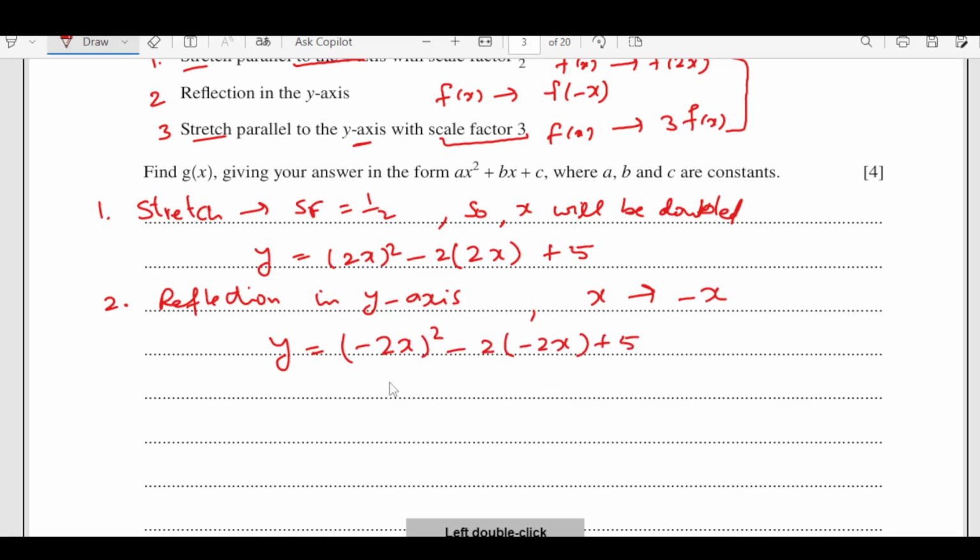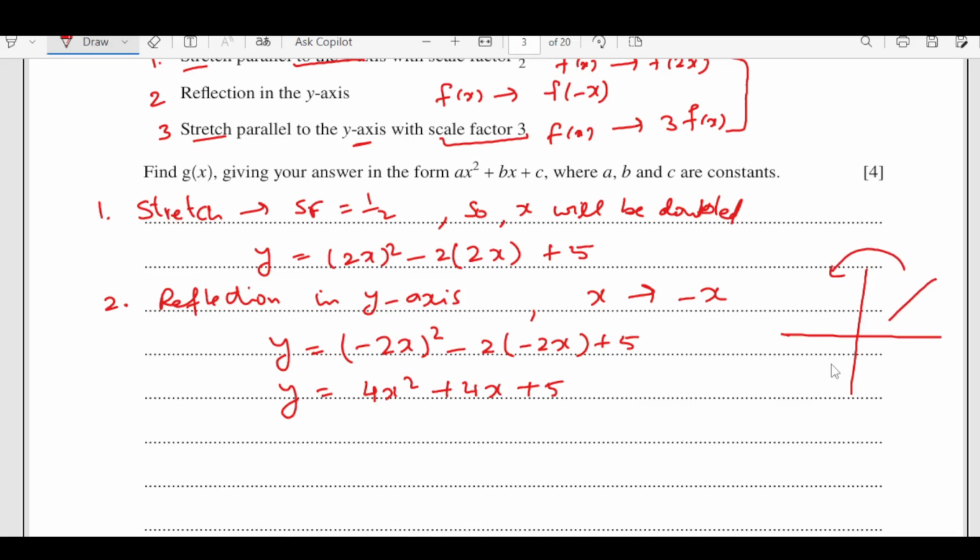So this can be written as 4x squared plus 4x plus 5. So this is our y now, right? Let me explain this way: this is our x axis, so if the line is here, it is going to be reflected on the other side like this.